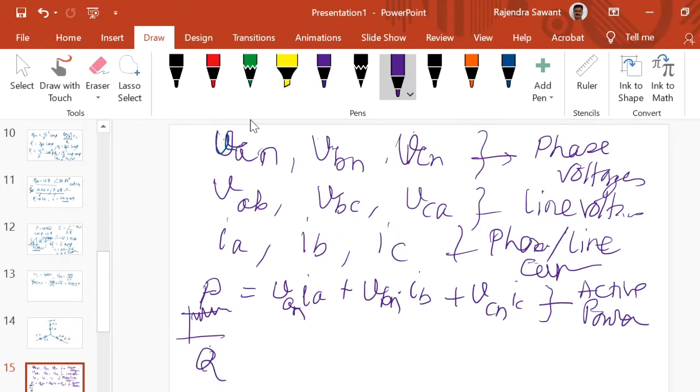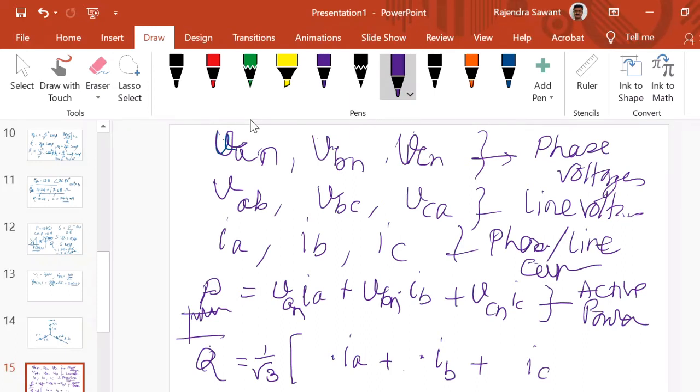So what is Q? Q is equal to 1 upon root 3 times. The current IA is the current which is supposed to be multiplied with a voltage. This current IB is supposed to be multiplied with another voltage, and this current IC is supposed to be multiplied with another voltage.